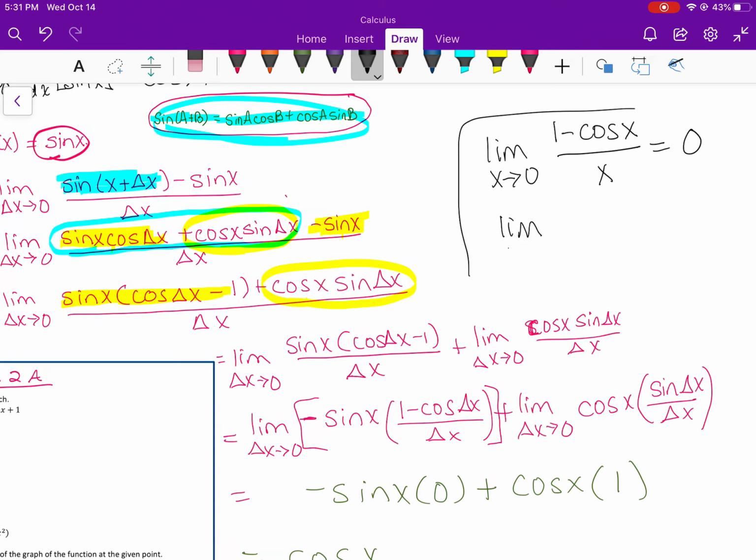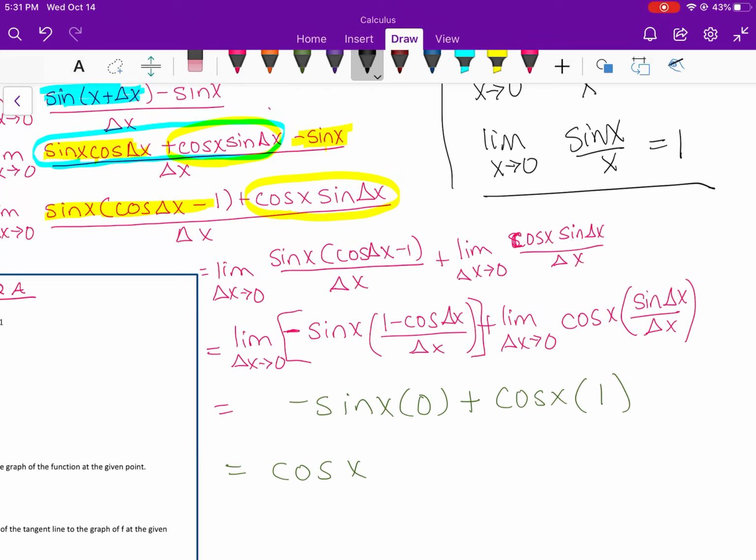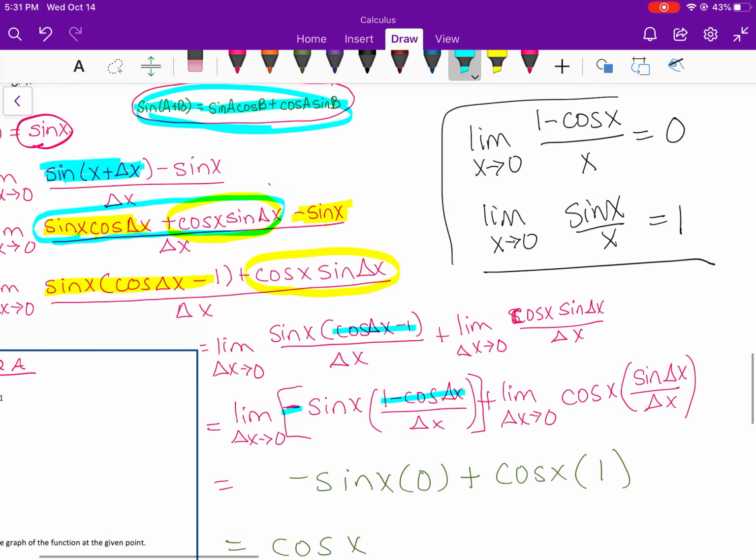And the limit as x approaches 0 of sine x over x is 1. So I had to switch these around. So I took out a negative. That way my squeeze theorem would work.